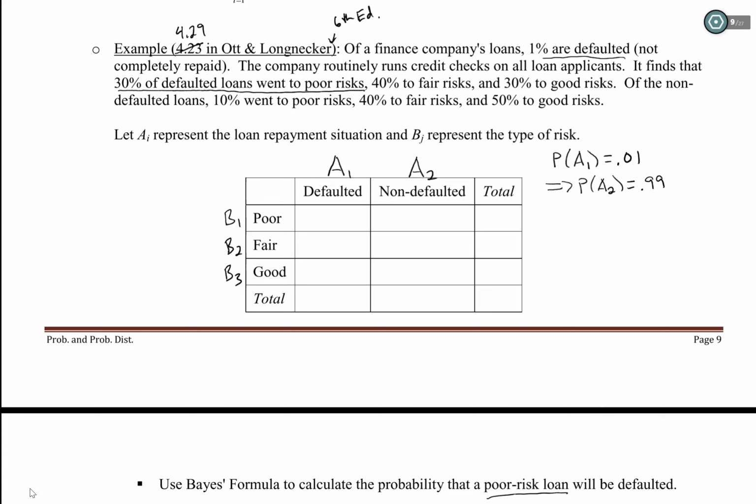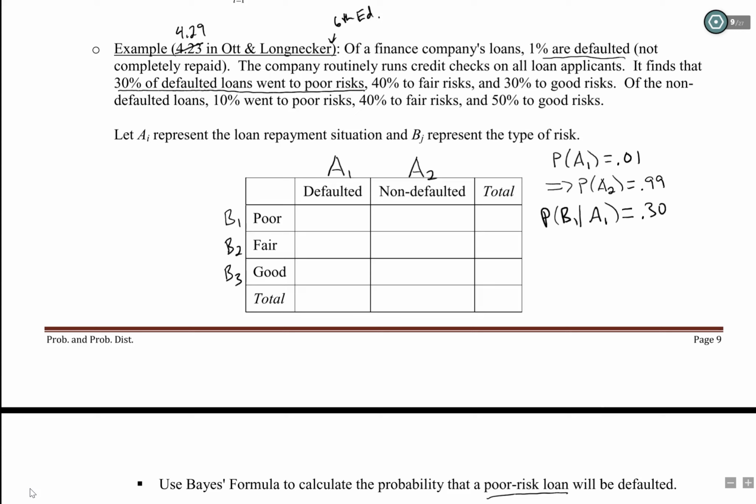So this is actually a conditional probability that we're given. Given the loan was defaulted, so that would be A1, we're told that 30% of those went to poor risk, so that would be P of B1 given A1. And that probability is 0.30, 30%.